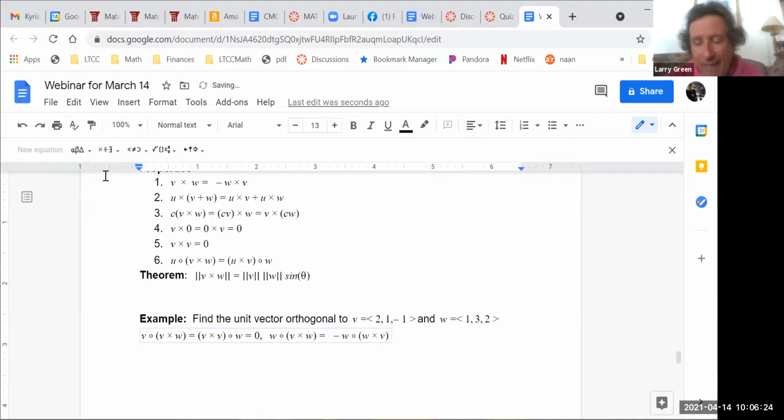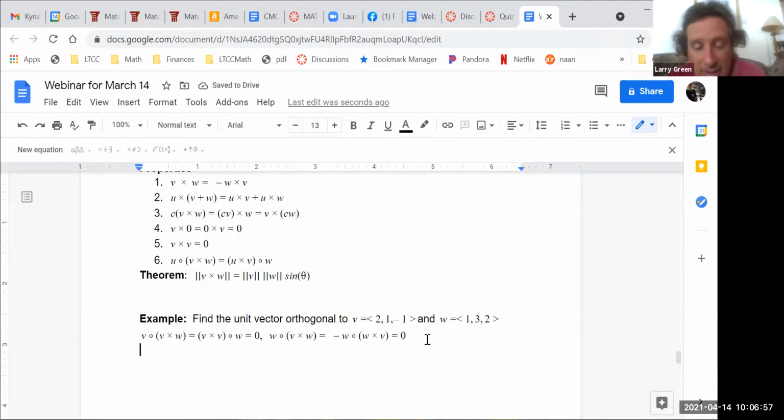But what's that? That's also 0, for the same reason that V dot V cross W is 0: if they're next to each other, you can write that as W cross W dotted with V, and that's 0. So that tells you, by definition, V cross W is orthogonal to both V and W. Any questions on that kind of idea?